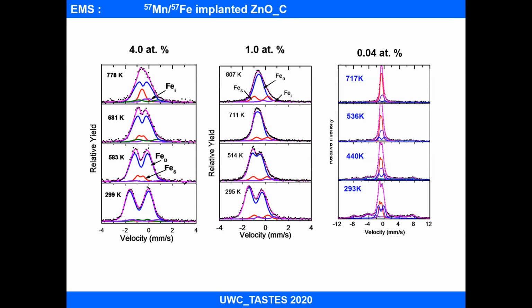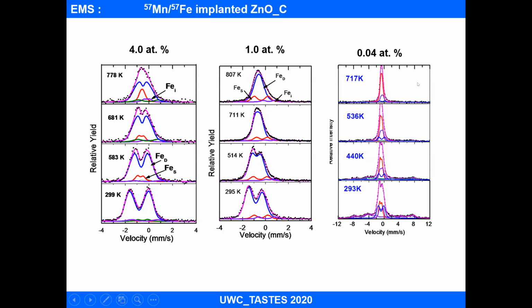What we see in the 4% and 1% implanted samples is just the doublet structure due firstly to defects induced by the implantation process, and a small contribution from the substitutionally implanted ion, obviously still with some vacancies in its neighborhood, because the signature comes not as a single line but as a doublet.